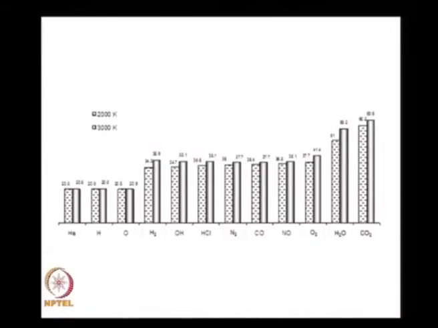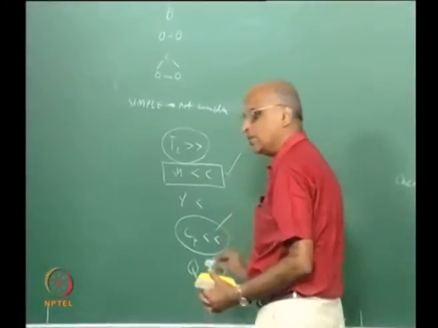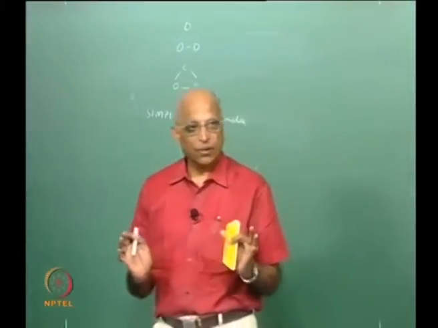From this specific heat point of view, if my product gases were all dissociated into hydrogen and oxygen atoms, or diatomic, it is better. If I keep on increasing the complexity, my specific heat keeps increasing, and I will not be able to get a high temperature, and therefore specific heat must be small. Okay?